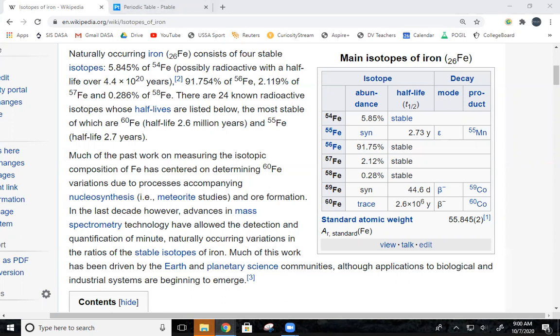Okay, so when we look at these percentages, we can figure out what the average mass is. What does that mean?